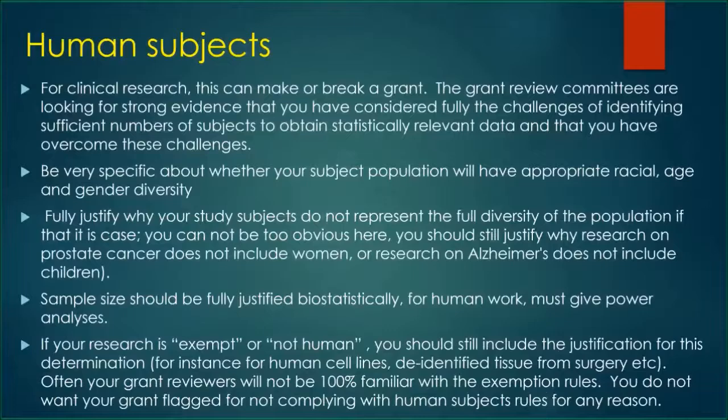So if you have your exemption letter from your IRB or even the non-human determination from your IRB, you should specifically state that this research, although using human cells, has been designated not human under this particular reason. If your research is considered exempt human subjects research, you should give the exemption and the information from that exemption letter you got from your IRB. You don't want your grant flagged for secondary processing by a reviewer who's not familiar with the rules for human subjects research.